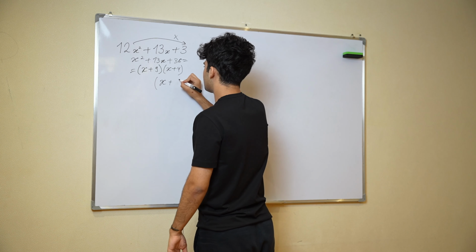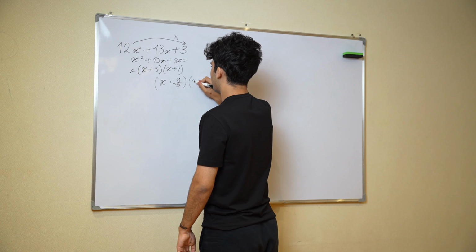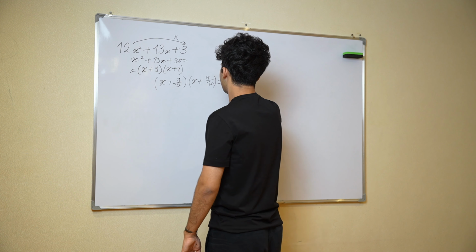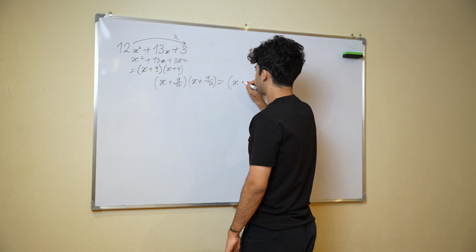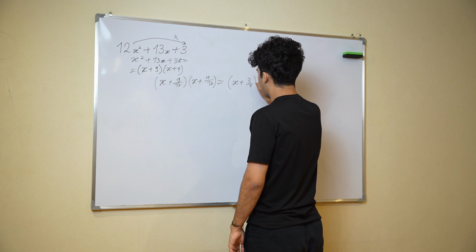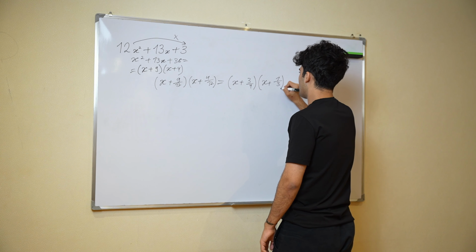So we're going to have x plus 9 divided by 12 and multiplied by x plus 4 over 12, okay? So it's going to be x plus 3 over 4, and this is going to be x plus 1 over 3, okay?